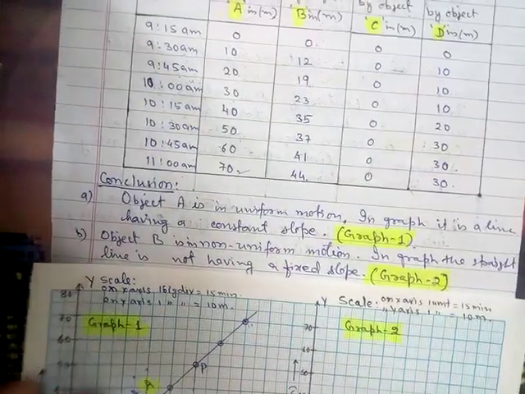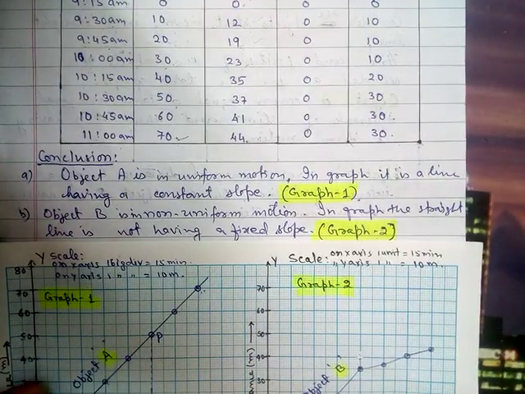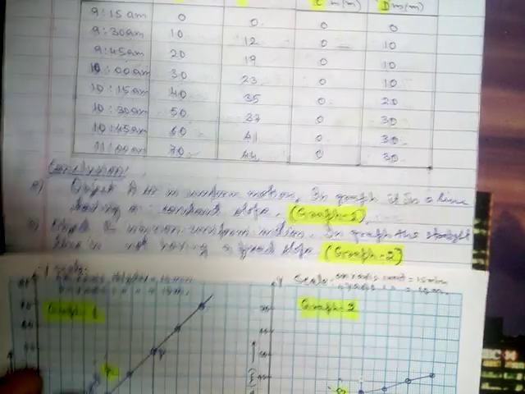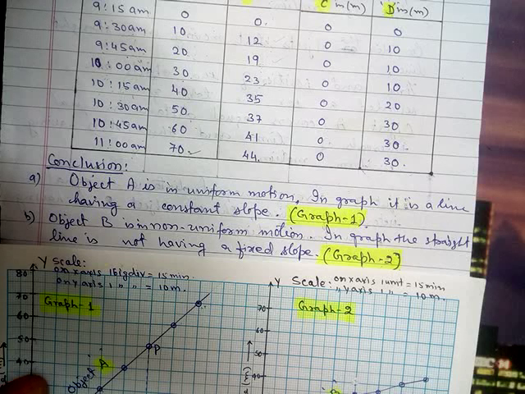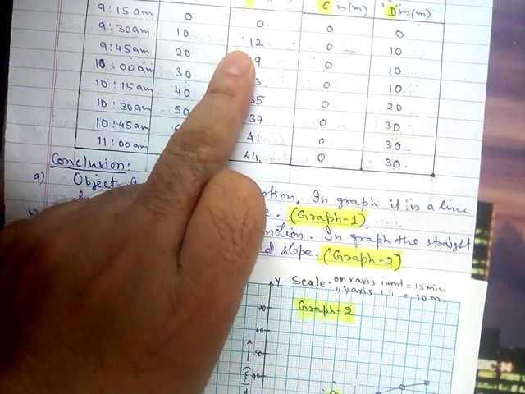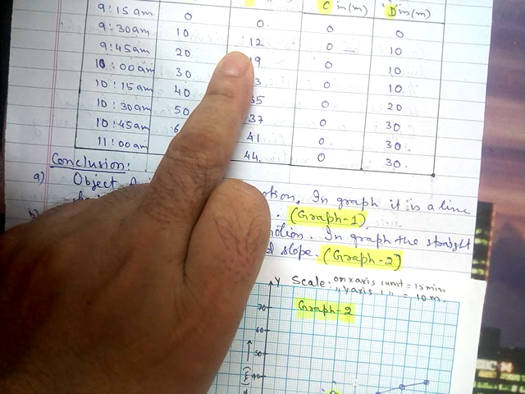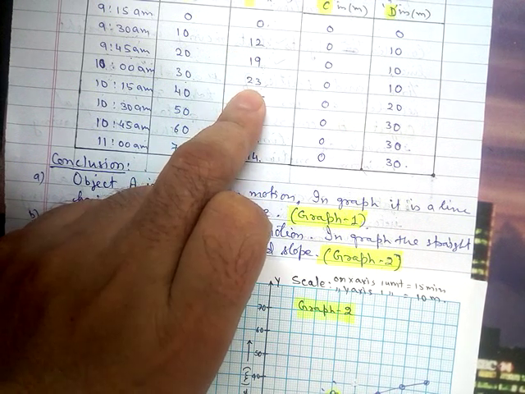And thus we plot these data on the graph, that is graph 2. From the starting point, that is 0, we join this 0 to this, and at 9:30 it is 12 meters, at 9:45, 19 meters, at 10 o'clock it is 23 meters.